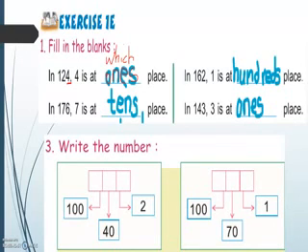Now look at this question. In 162, 1 is at which place? Yes, it is at the hundreds place. So you have to write here hundreds. And look at the next question. In 176, 7 is at which place?